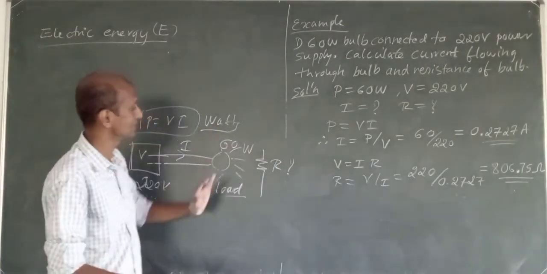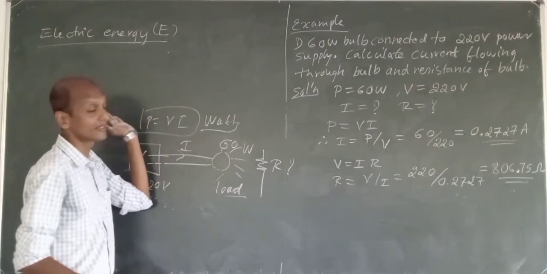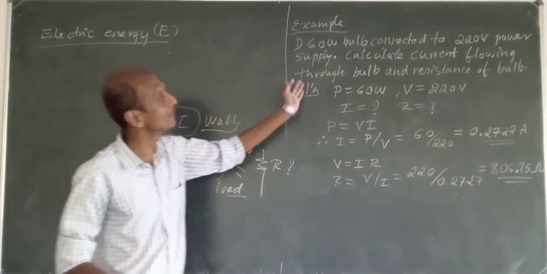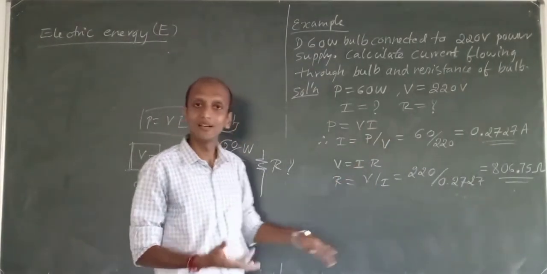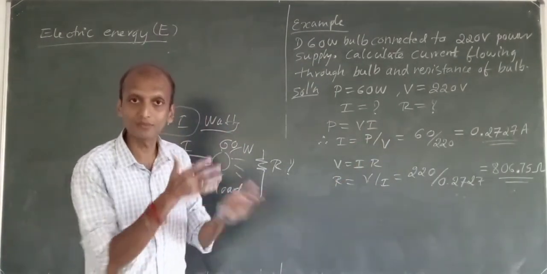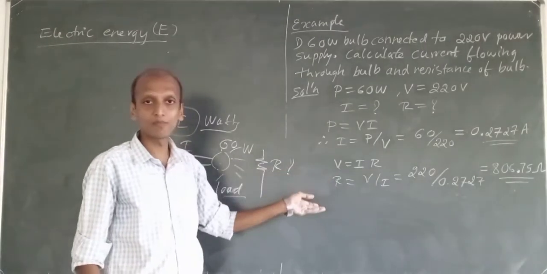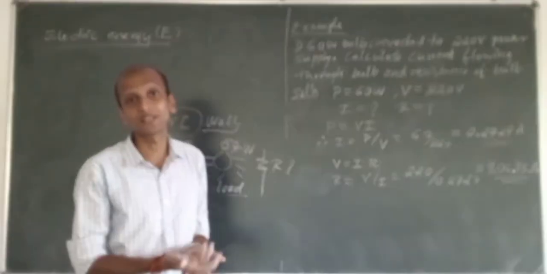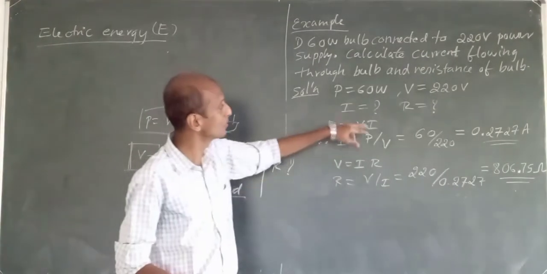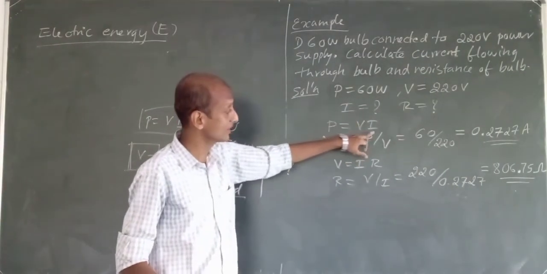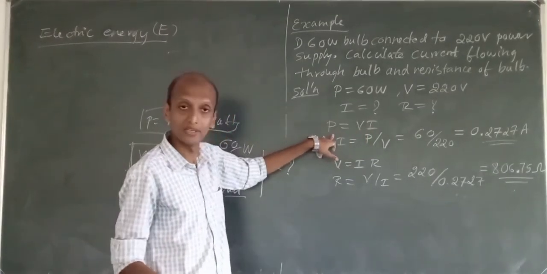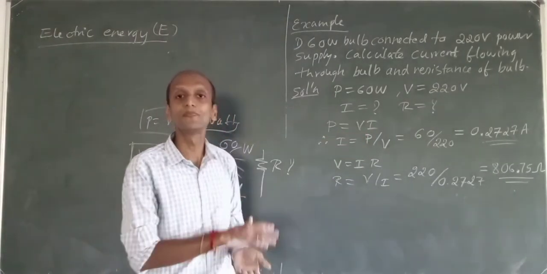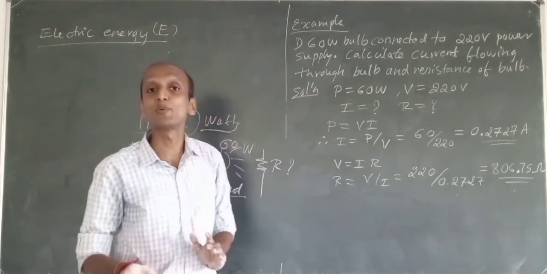So this is all about electrical energy and electrical bill calculation, and also one example where we can calculate the current and resistance of a bulb or anything else. If the current is given, we can calculate the voltage of the power supply. That also can be done. When I know the current flowing and the power rating, you can calculate the voltage. So that can be another type of question.